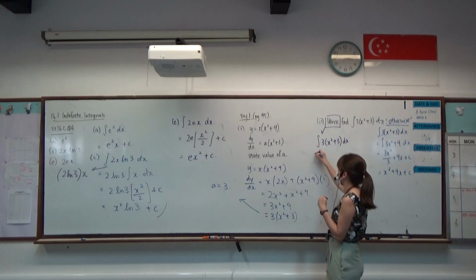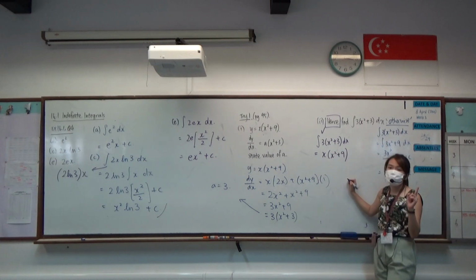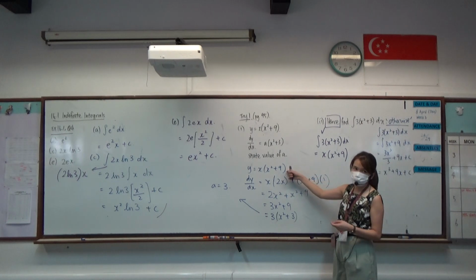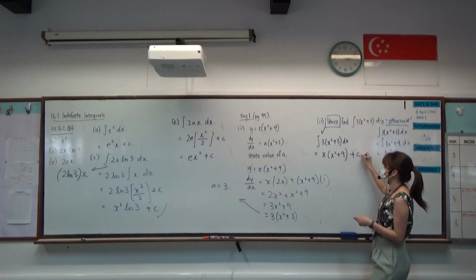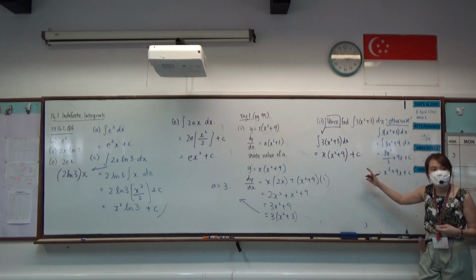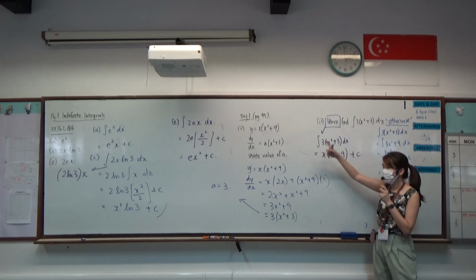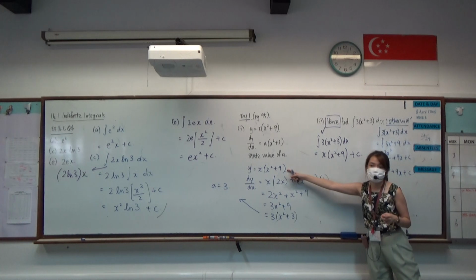So I will be getting x bracket x squared plus 9. However, we know that in integration, when you get back y, there are many forms of y that I can have because of the constant value, so I should have a plus c at the end. So this is how I actually make use of the hence idea. From the differentiation, I get back the original function.